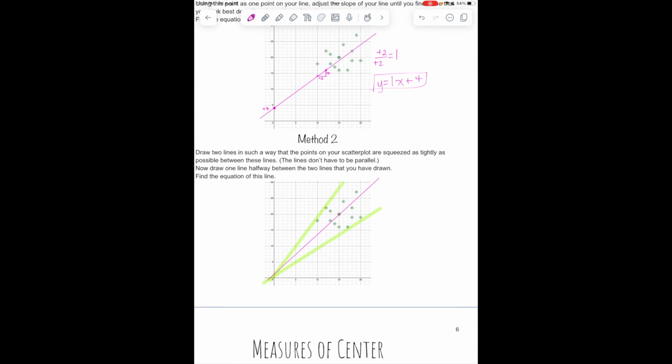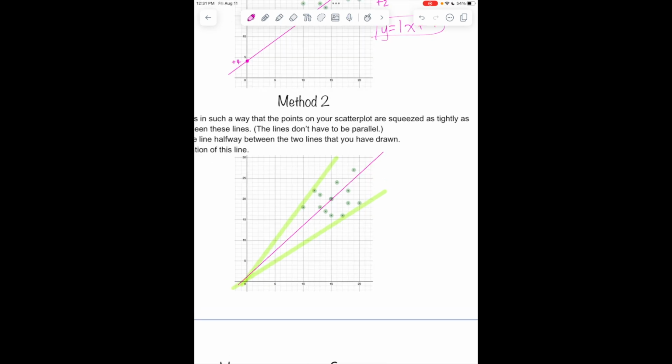So you can see how different these two trend lines are even before I start writing the equation. Which method do I prefer? I kind of like the second method because I can just real easily pick out what's between my upper bound of data and my lower bound. But it's personal preference on this particular part.